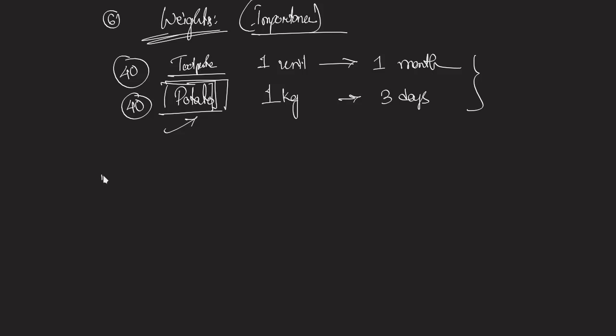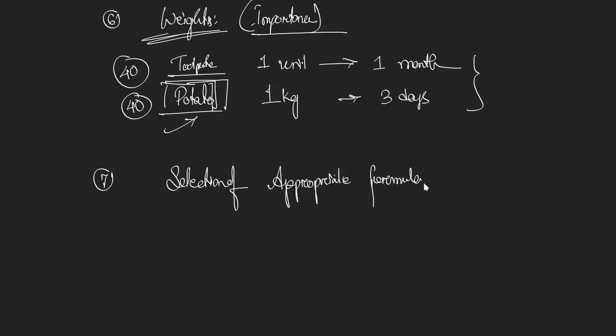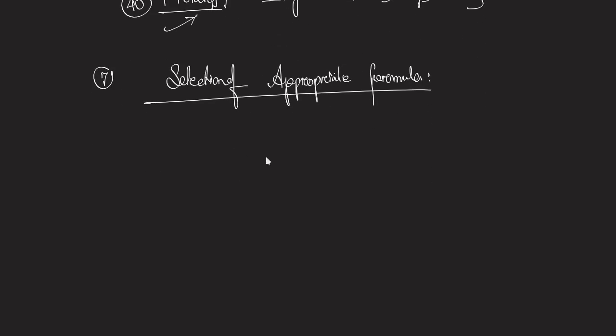And the last one is selection of appropriate formula. So there are many formulas for index numbers. While constructing an index number, you have to use a formula for that particular purpose.